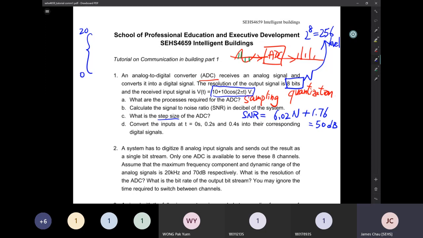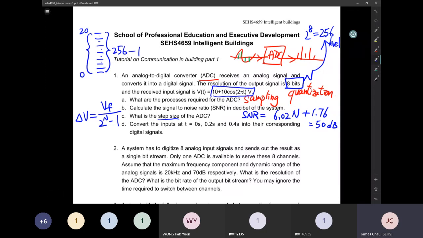Now, therefore, the step size in terms of delta V equal to the full scale voltage dividing by 2^n minus 1. Okay? Because you try to divide the level, for this example, you have 256 levels in a full scale range. Therefore, the number of intervals you can count here is 256 minus 1.